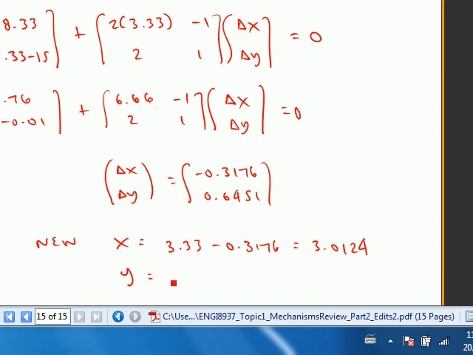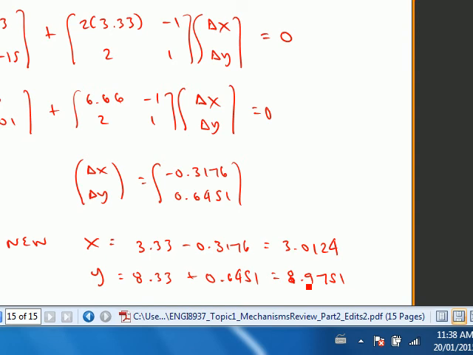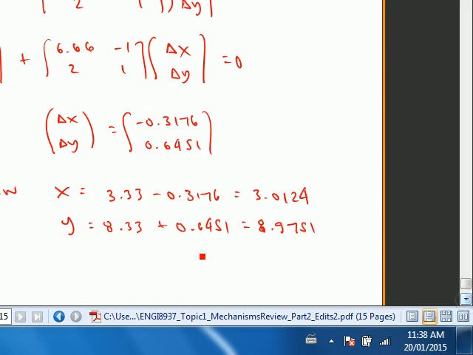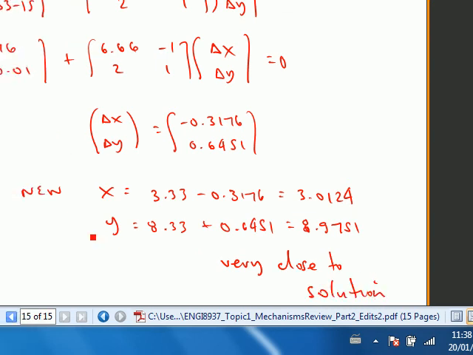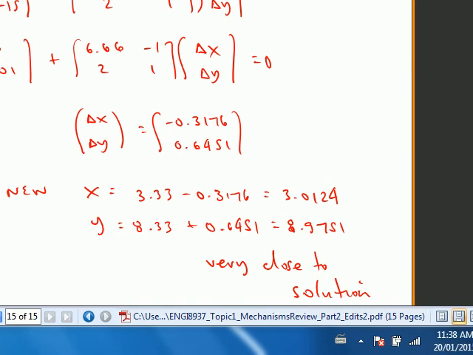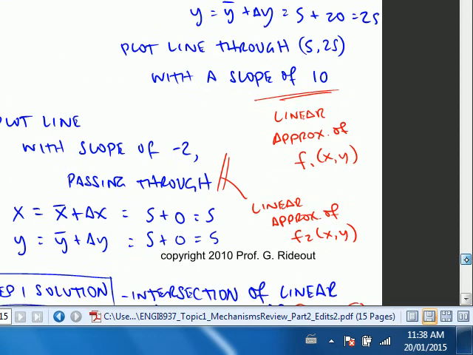My new y is going to be the y I started with in this step plus the 0.6451 delta, 8.9751. So it turns out that's very close to the actual solution in only 2 steps. If you do another step, then you're going to get close enough.